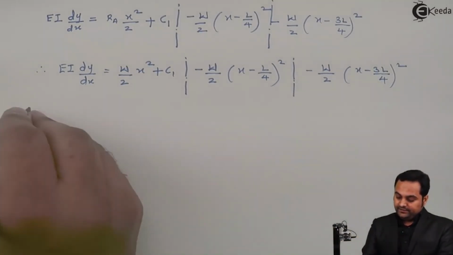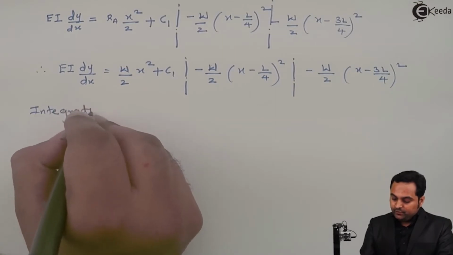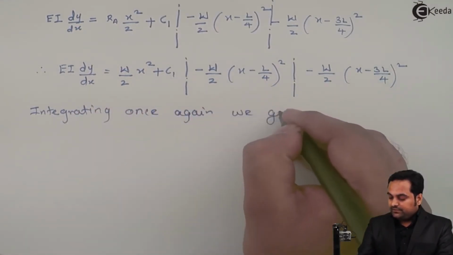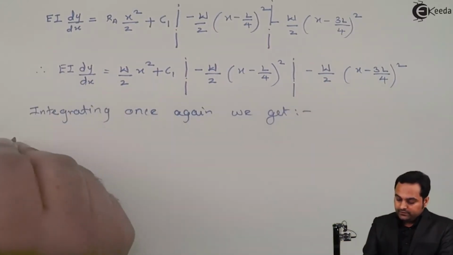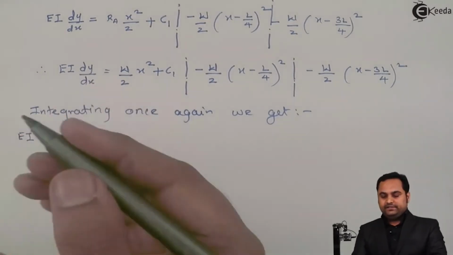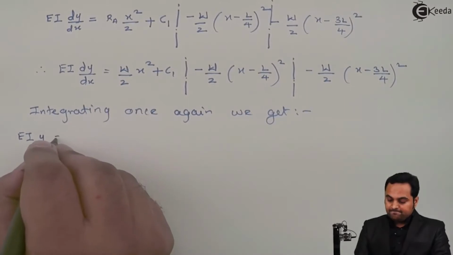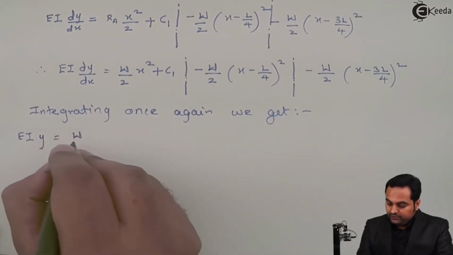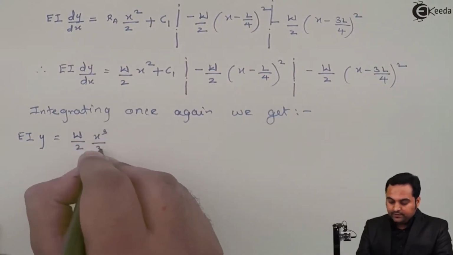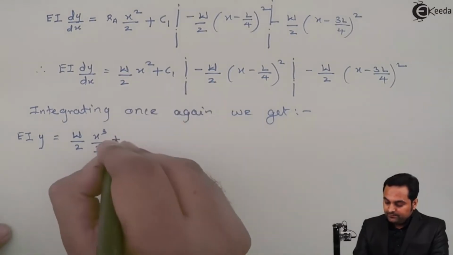Next, since it is a double integration method, integrating once again, we get EI into y, the integration of dy by dx, is equal to W by 2, x square will become x cube by 3, plus C1.